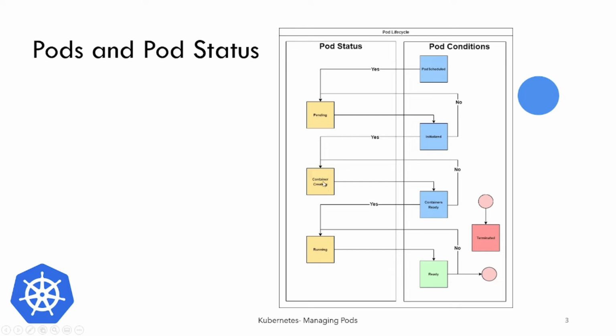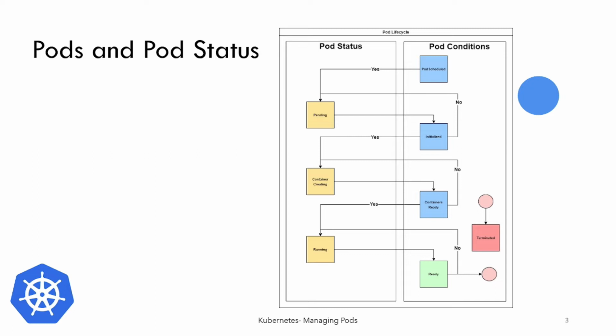Once the containers are created, the conditions are checked whether the containers are ready to serve. And once it is ready to serve, the pod status is changed to running, and the condition is set to ready. So basically, a pod contains a container, and when the container is ready to serve the request, it is set to a ready state.